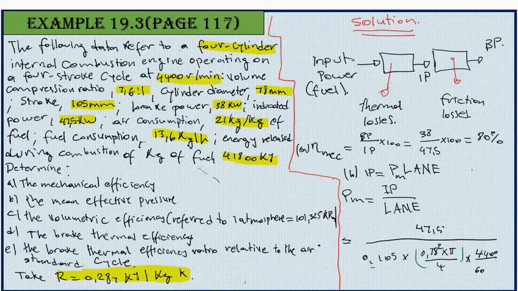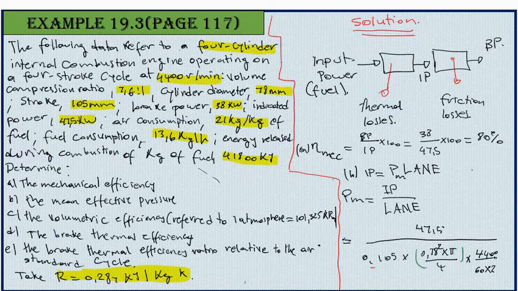Now N represents the number of firing strokes per revolution. For a 4-stroke engine, we need to divide that N, so the value of N is the rotational speed divided by 2.